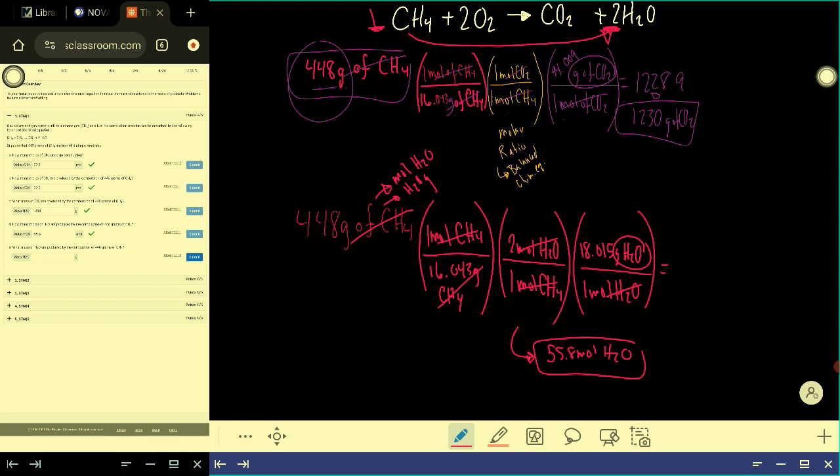So I'll take that 448 divided by 16.043 times 2 times 18.015. I get 1006, but if I round that to 3 sig figs, I get 1010 grams of H2O.